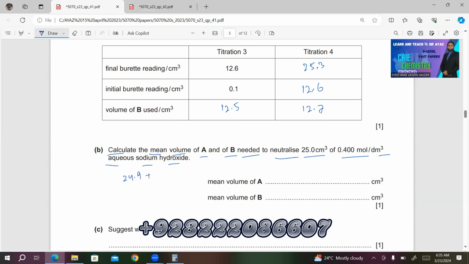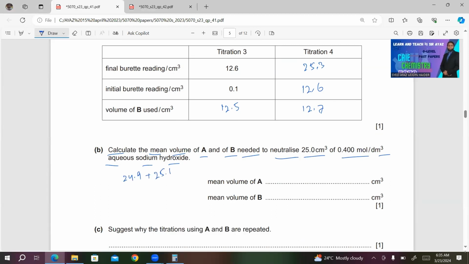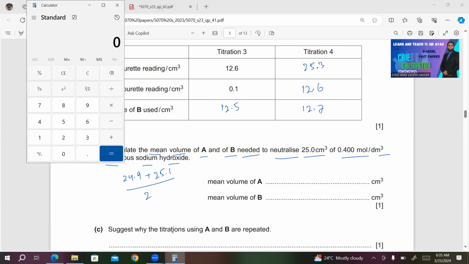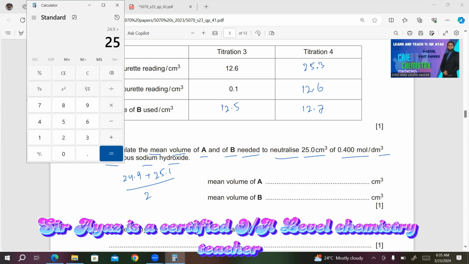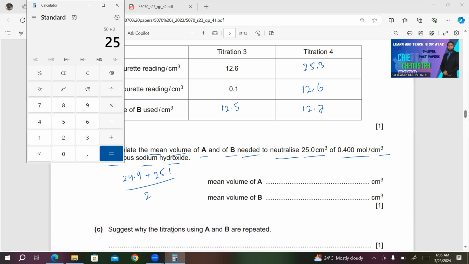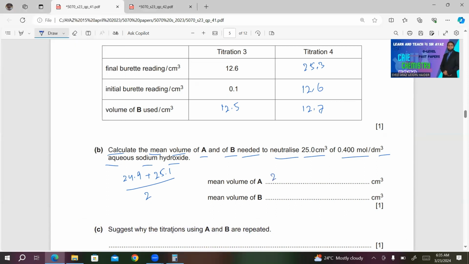In order to get the mean, we will divide the sum by 2. 24.9 plus 25.1 divided by 2 will get 25.